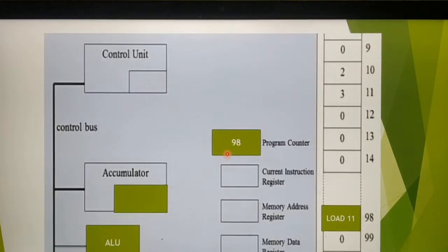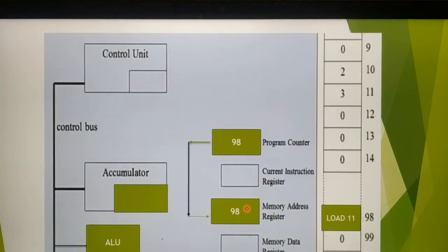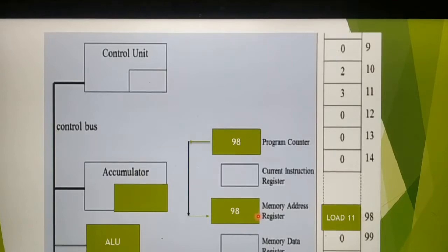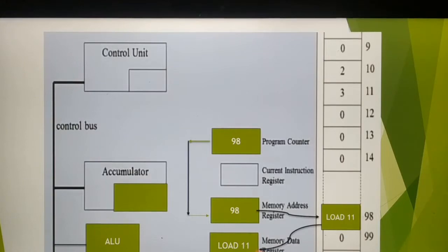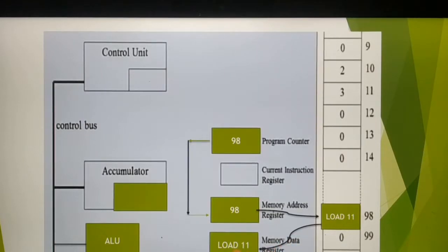So this address, 98, is simply put into the memory address register. This is going to locate the data at memory address 98. This memory location 98 contains load 11, which will be transferred to the memory data register through the data bus. The data bus carries the data load 11 and it is stored in the memory data register.